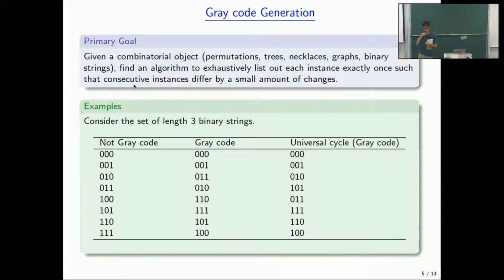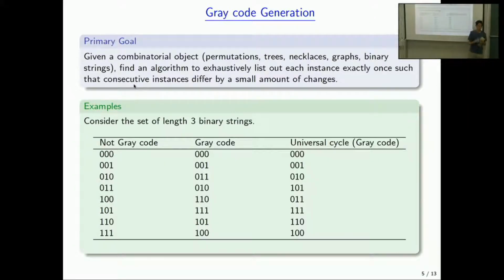But in my area, besides generating objects, we usually deal with what we call the gray code. For gray code, what it means is that we want to generate the objects such that each of the objects appears exactly once, and consecutive objects differ by 1 bit, or by some small amount of changes.